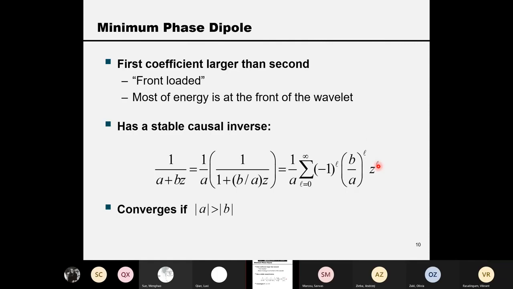But okay, you say, what happens if I do make a Taylor expansion? That means if this condition is not satisfied, this Taylor expansion will not converge, right? So the condition is absolute value of A greater than B, which means the factor B over A has a magnitude less than 1, and this Taylor expansion will converge, right?